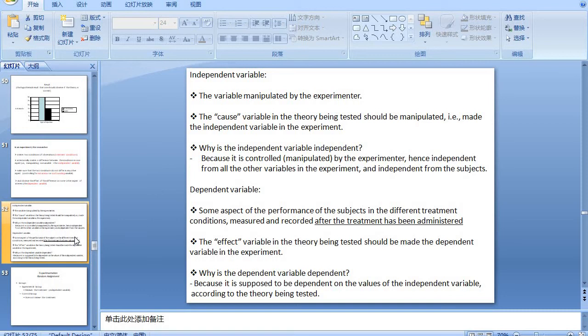If you claim that testosterone injection causes rats to be more aggressive, then you have to make testosterone injection the independent variable. The dependent variable, on the other hand, is the effect variable in your theory. It depends on your independent variable.